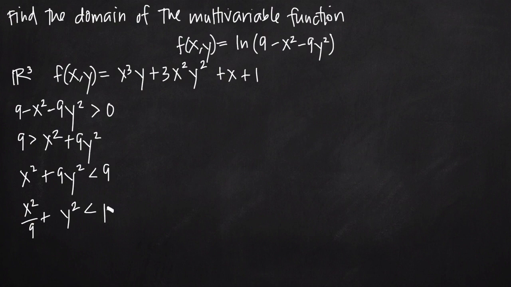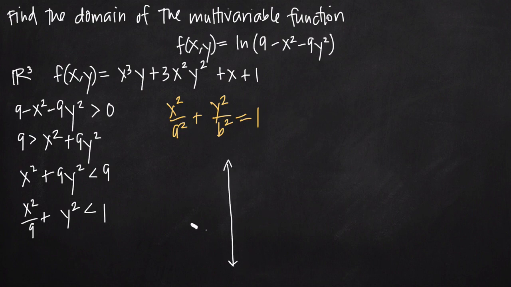At this point, we should be able to see that we have an inequality which is in the standard form of a wide ellipse. The standard form of a wide ellipse is x squared over a squared plus y squared over b squared equals 1. When we have that standard form, in a two-dimensional coordinate system our ellipse looks like this.